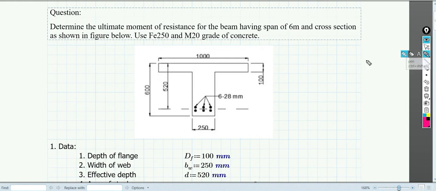You can see a simple flange beam. It is not said that it's continuous, so you can take it as isolated. It's an isolated flange beam, and the width is given as 1000.